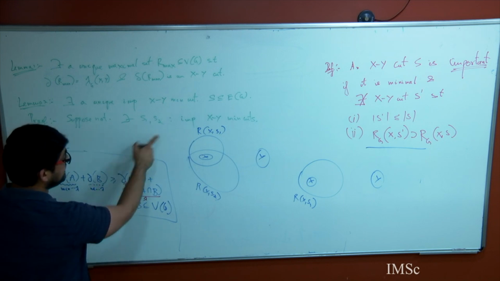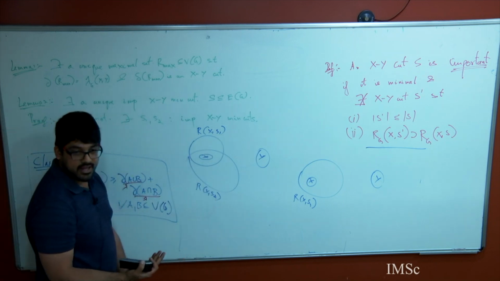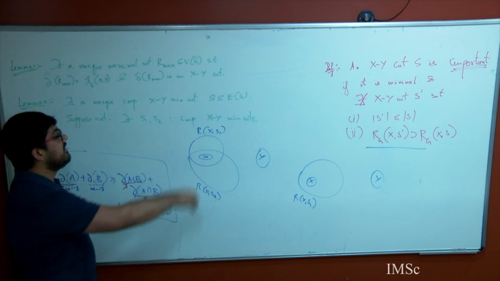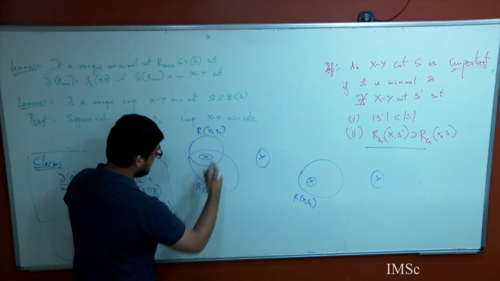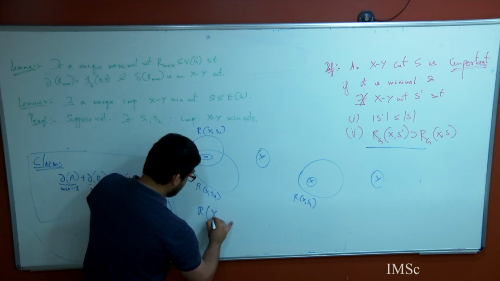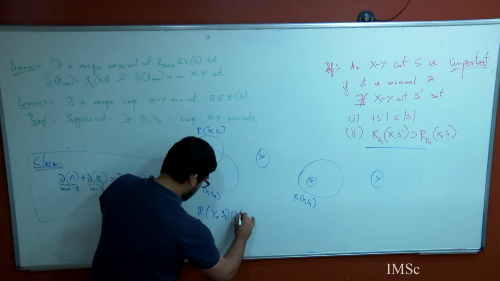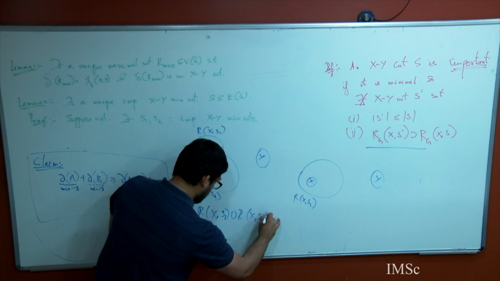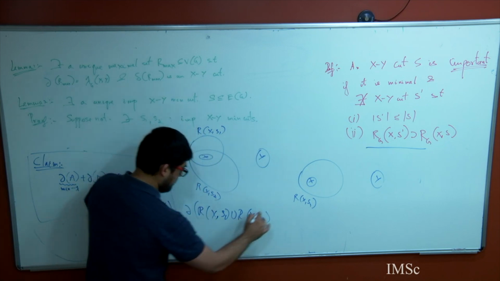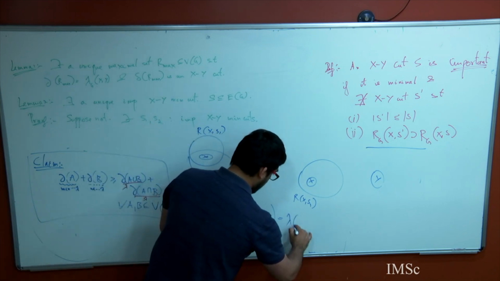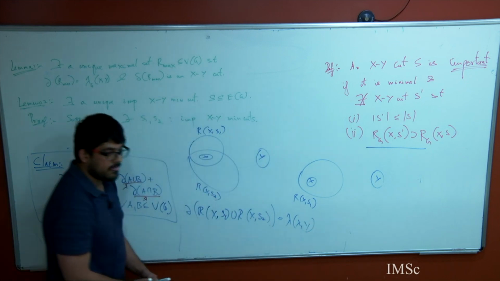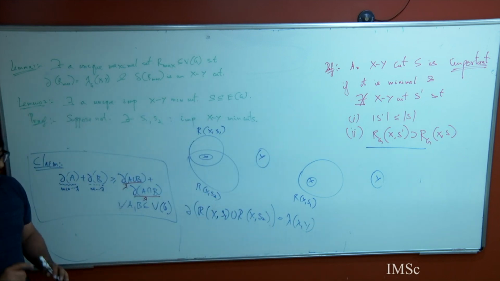So suppose that this is not the case, then you have S1 and S2 which both look like this. And then what did we do here? We said, hey, look, let's look at the union of these two sets. This is also equal to lambda x comma y.